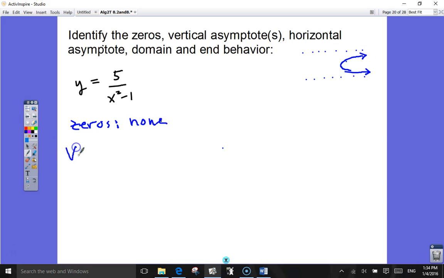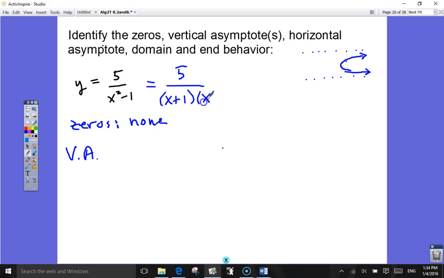Okay, vertical asymptotes. How do we find vertical asymptotes? The zeros of the denominator. It usually helps in these problems, a little bit today and a lot in the next few lessons, to factor. If there's something to factor, factor it. Luckily, most of the time they give us fairly easy factoring problems. Like this one should be fairly easy: x plus 1 times x minus 1.